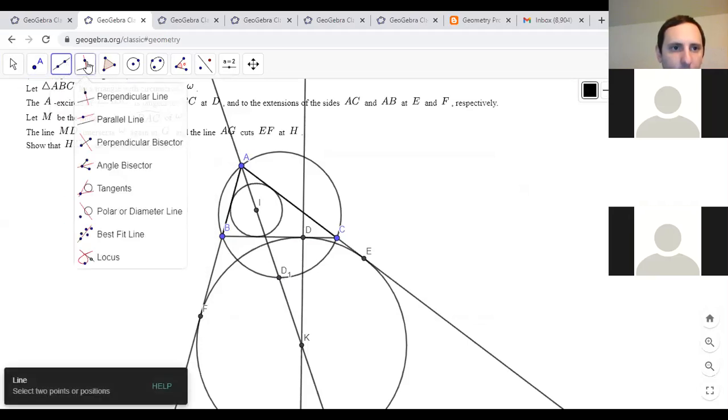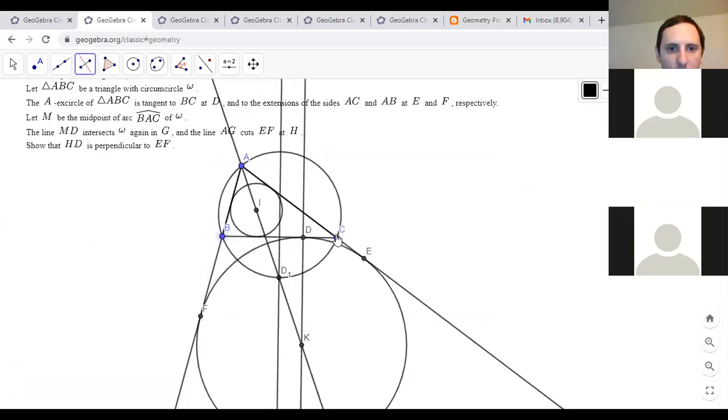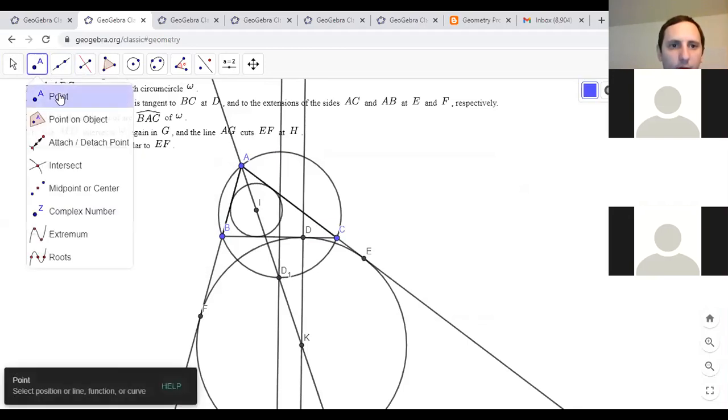Let's see, I could just do it this way. I think M is this point.